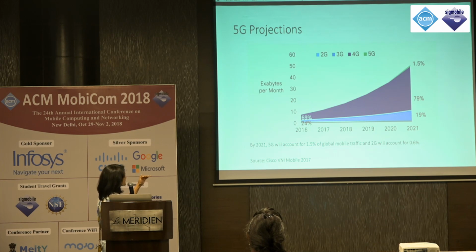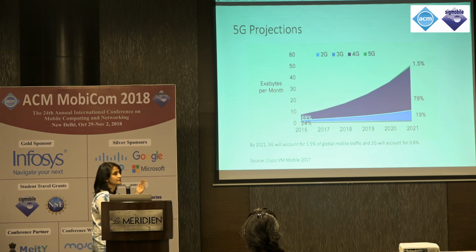The other interesting thing about these projections is that 4G is not going to stop. The 4G growth is going to continue. Even the way the standards are written, the first 5G systems are going to be non-standalone, what they call NSA. You're going to have a low band and a high band millimeter wave 5G as well.